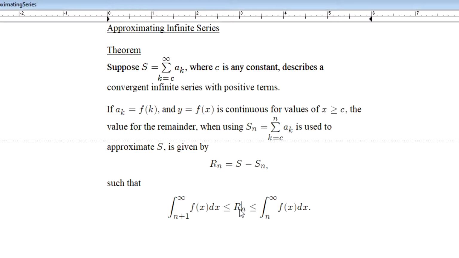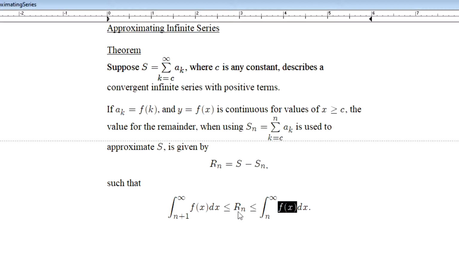That remainder, r sub 10, will be stuck between the improper integral that starts at 10 plus 1, which is 11, and continues up to infinity of f of x dx, and will be less than or equal to the improper integral that starts at just n. In this example, n is equal to 10, so this would start at 10 and continue up to infinity.